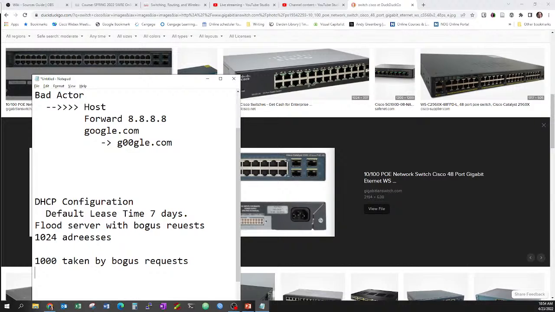So if you've had network access or an IP address on the network, you're going to keep it. But new devices, or ones that maybe were powered off and powered back on, cannot get DHCP leases.